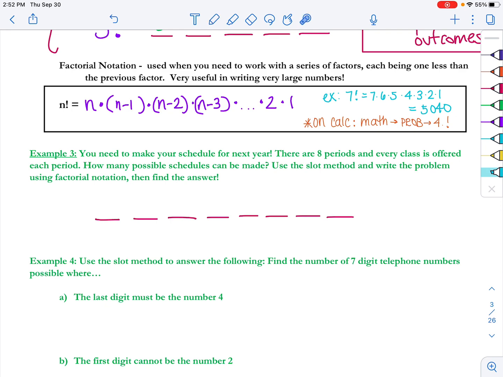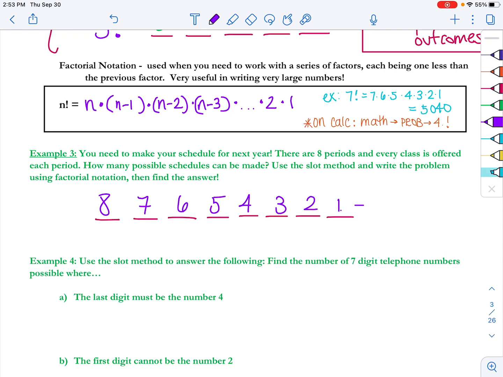So you have 8 classes that you want to take, right? You have 8 periods, 8 classes. So when you're looking at what you want to take for first period, you have 8 different options to choose for your first period class. But once you set your class for first period, now you only have 7 classes to choose from for your second period class, and then 6 for your third, and so on. So times 5, 4, 3, 2, 1.